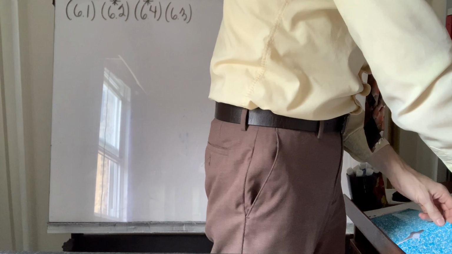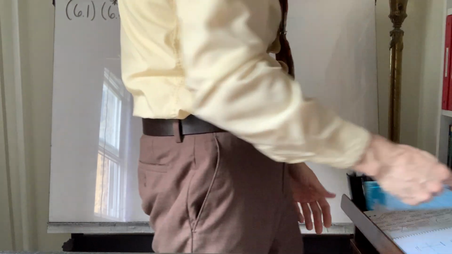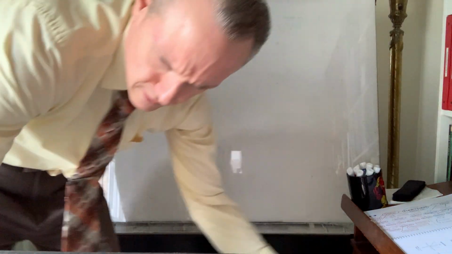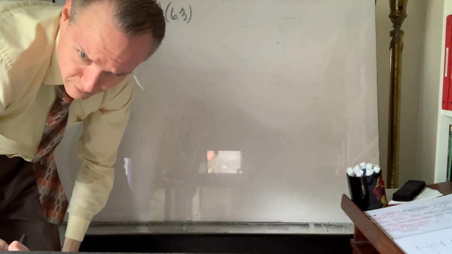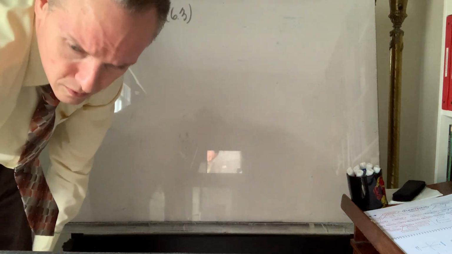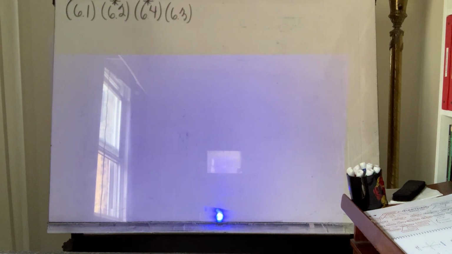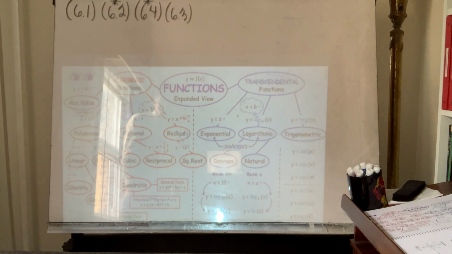All right, I'll put this aside. I think I have rearranged my furniture, so I'm going to probably have to readjust my camera here. Bear with me. I'll close that door back here. Definitely too low.